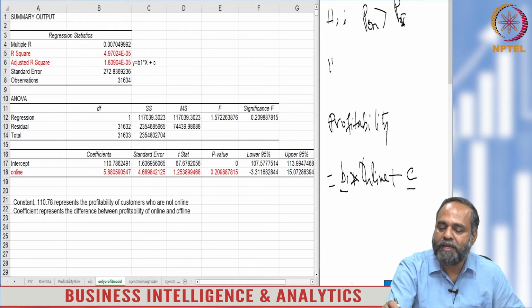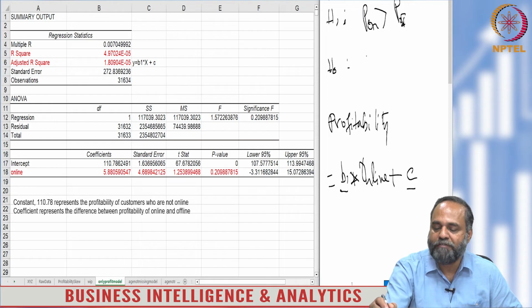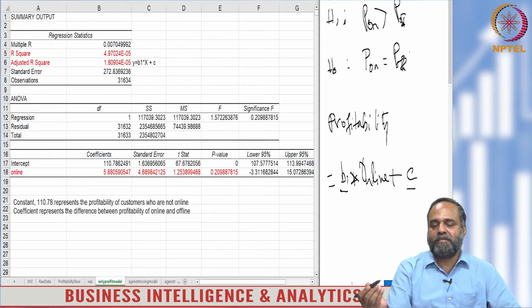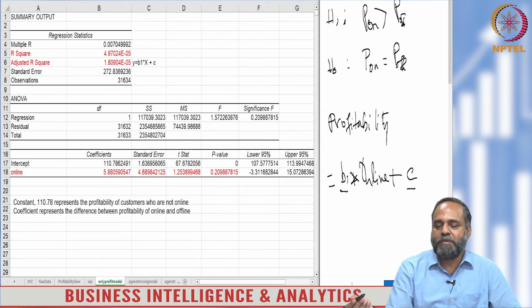My null hypothesis is that there is no difference between them, or you are nullifying that there is a greater value for online customers. In this case, it's equivalent to saying there is no significant difference between them, they are the same.